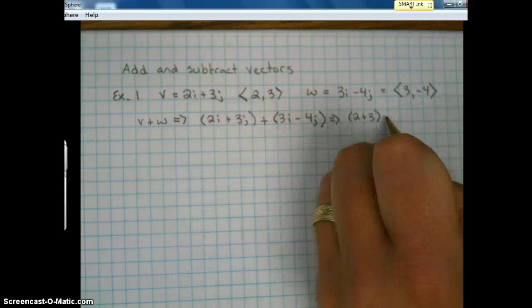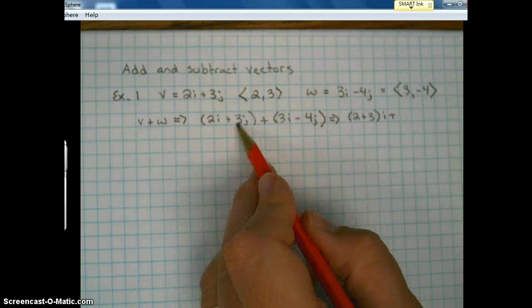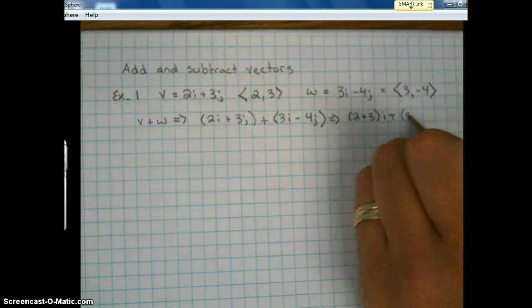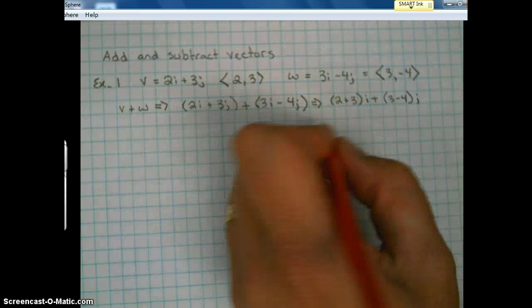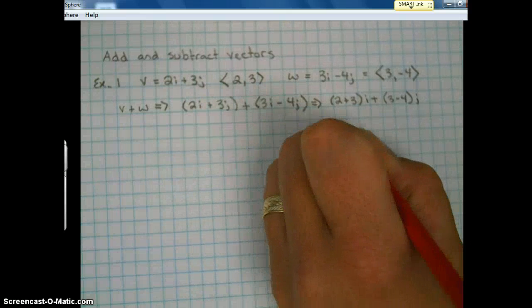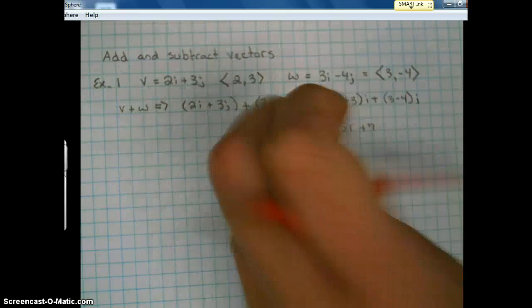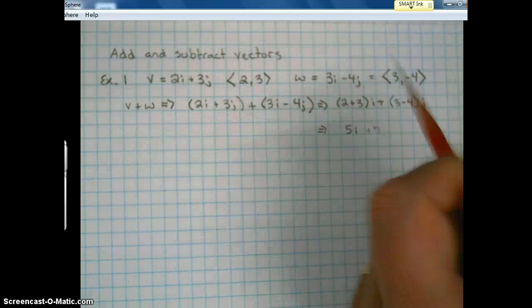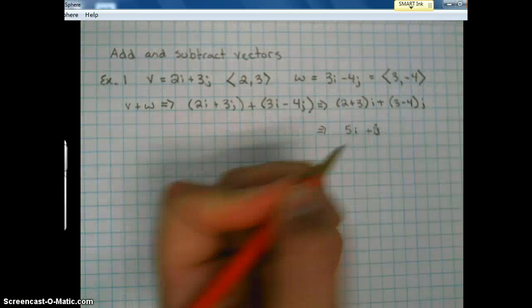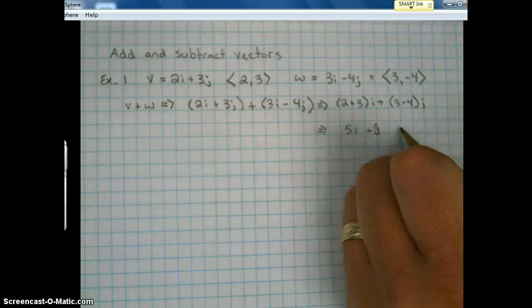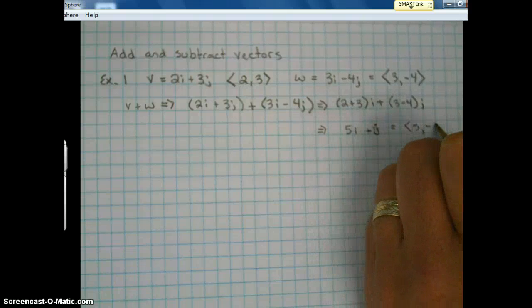Those are the components for i, plus 3 minus 4. Those are the components for j. And moving straight down, we get 5i plus, 3 minus 4 is negative 1, so minus 1j. Okay, writing it using an algebraic vector, that would be 5, negative 1.